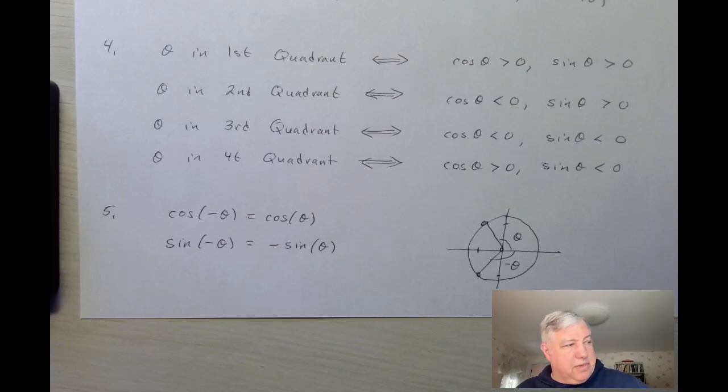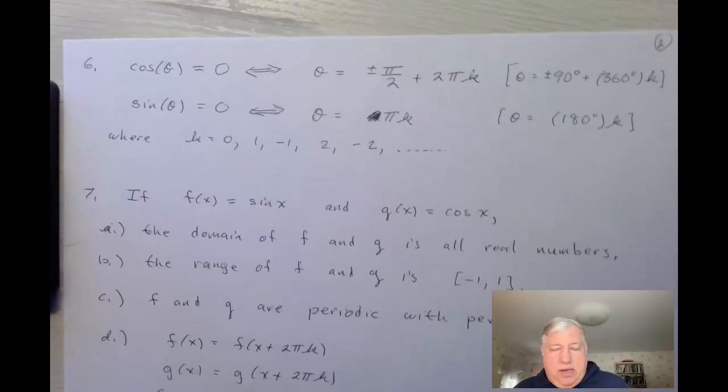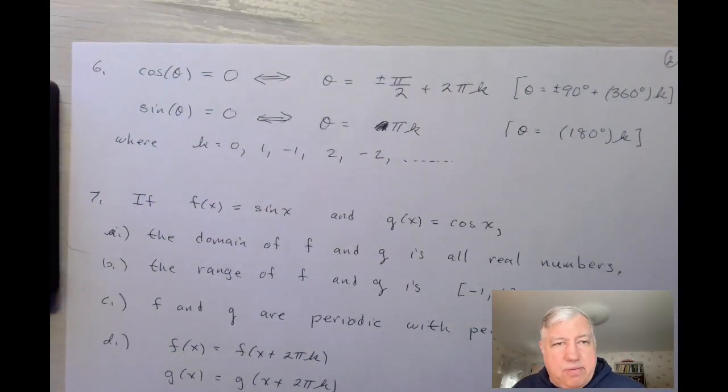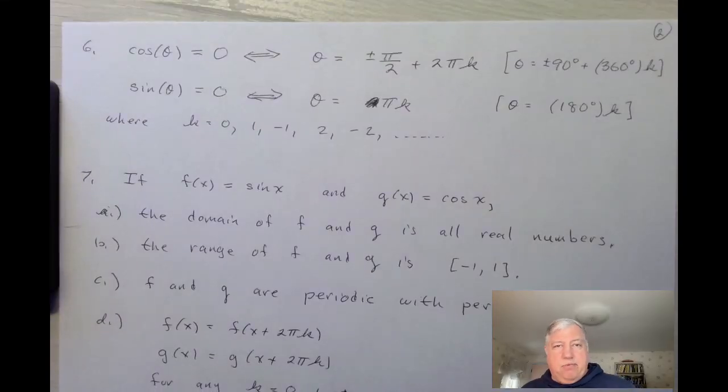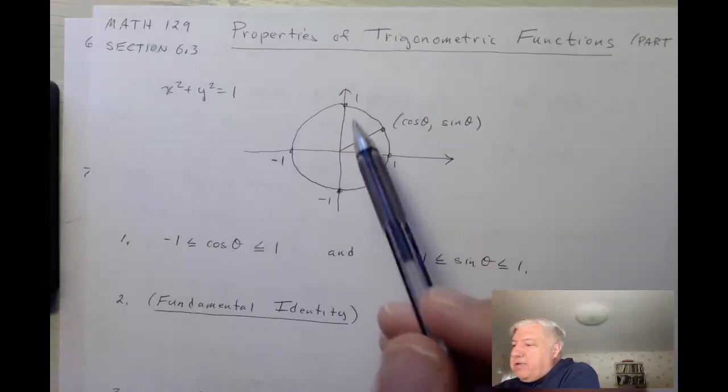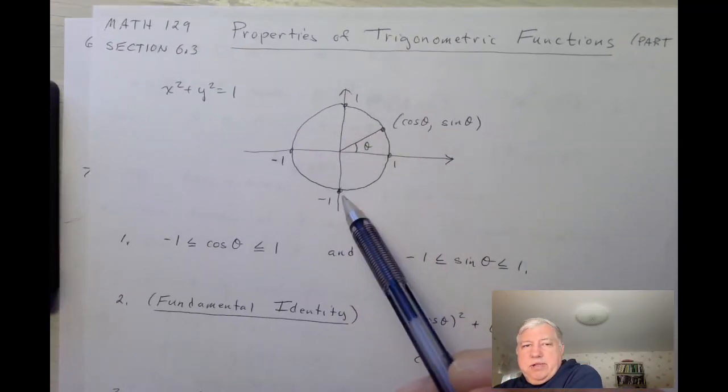All right, let's look at a couple other things to keep in mind. We talked about this last time. When is the cosine of theta going to be 0? It's going to be 0 when the x-coordinate is 0, and that's going to be here and here.